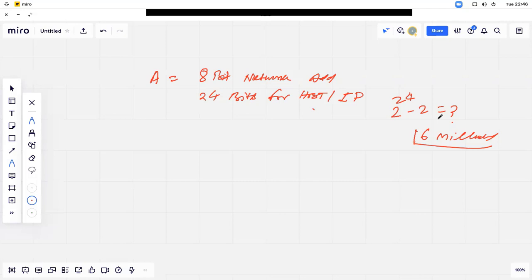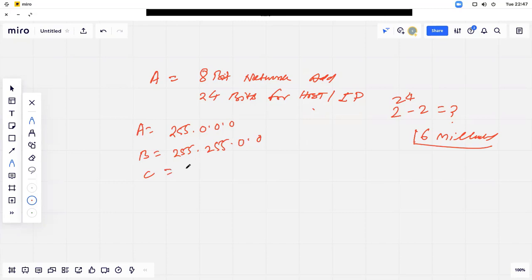Now, the main thing controlling your network is the network bits. The more network bits you have, the fewer hosts you will get. For example, again, the network address of A class is 255.0.0.0. In B class, we have 255.255.0.0.